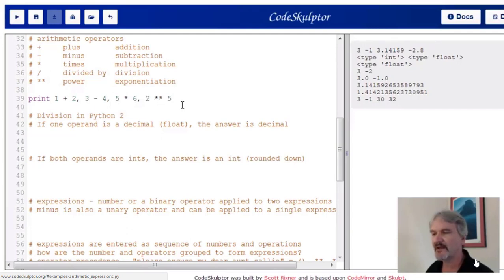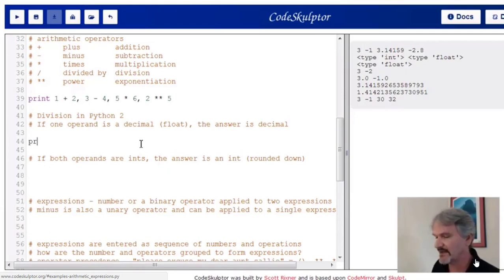And if we run that, out comes 3, minus 1, 30, and 2 to the 5th is 32. One operator that you should pay attention to in Python is division. The way the division operator works in Python 2 is different from the way it works in Python 3. In Python 2, if one of the operands is a floating point number, then the result of division is also a floating point number, and it approximates the actual division.